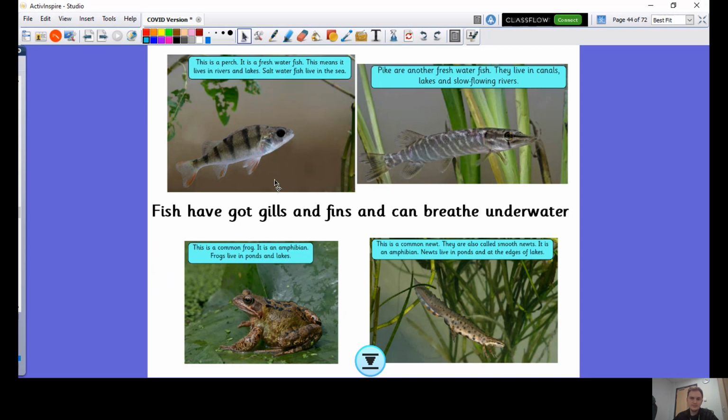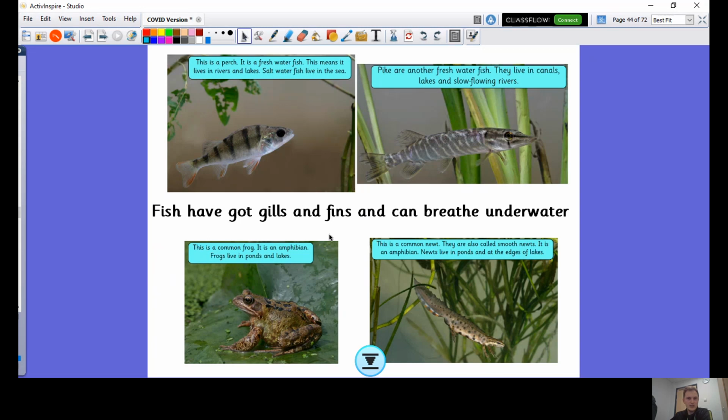That's salt water. Then you've got, this is a pike, which is another type of fish. It's another freshwater fish, and they live in canals, lakes, and slow-flowing rivers. And you can see some of the key features of a fish. I'm pointing them out to you. Okay.